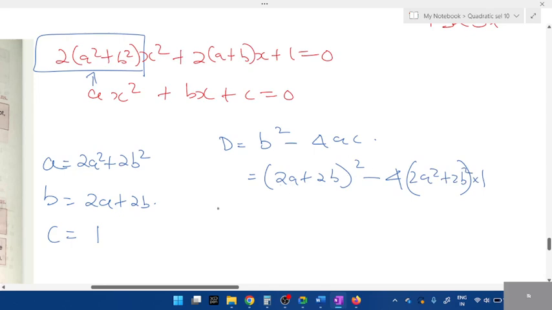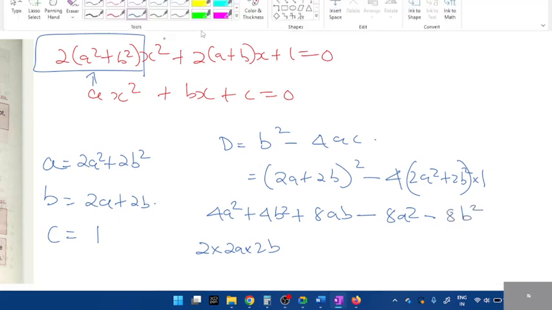What do you get? 4a square. No, not. How come 6? 2 into 2 into 2 is, into 2b. See, 2 into 2a into 2b is 8ab, right? Minus 4 2s are minus 8b square.